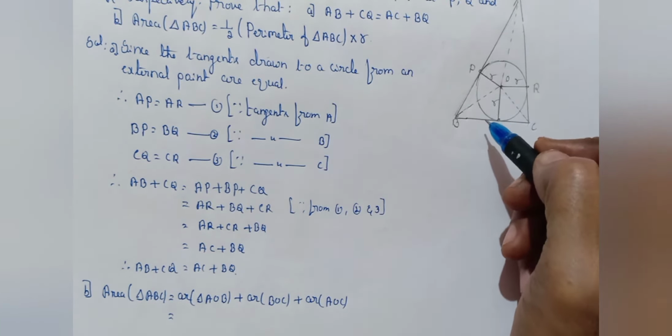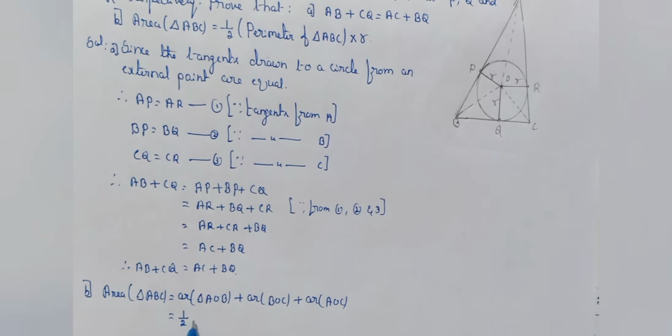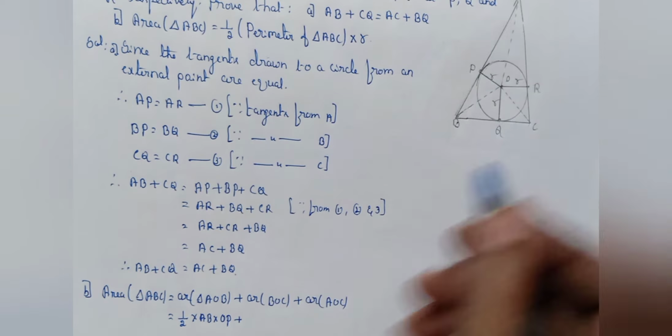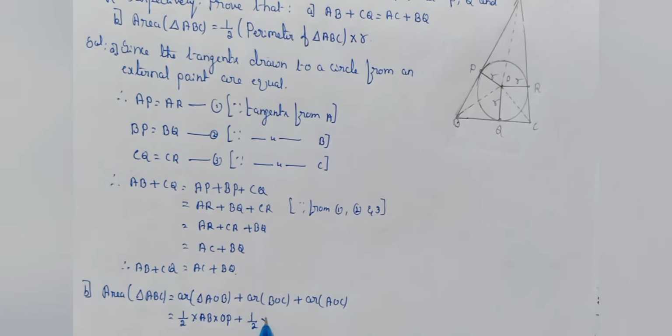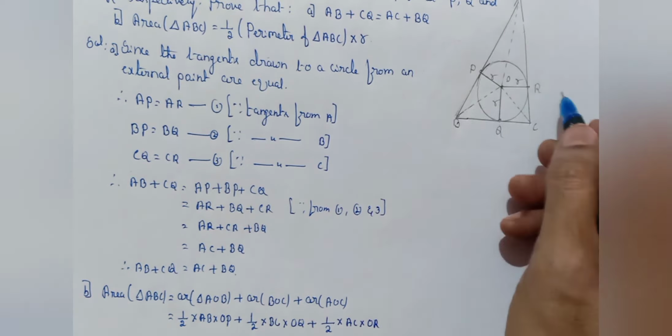Here the base is AB and the height is OP. Half into AB into OP plus area of the triangle BOC, half into the base is BC and the height is OQ, and area of the triangle AOC, half into the base is AC and the height is OR.